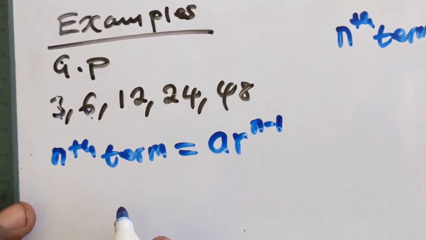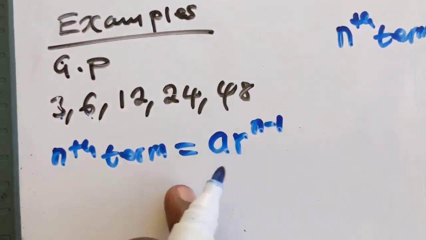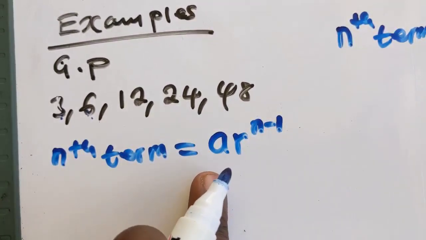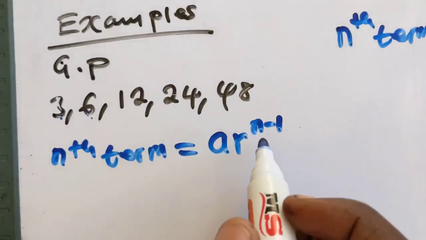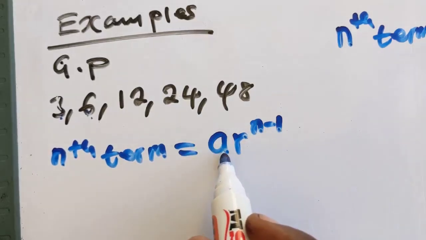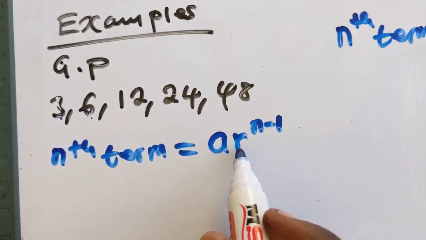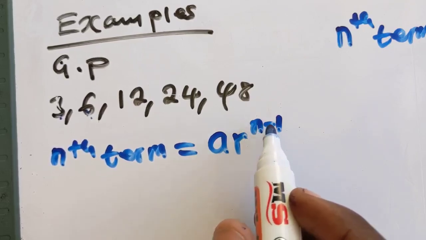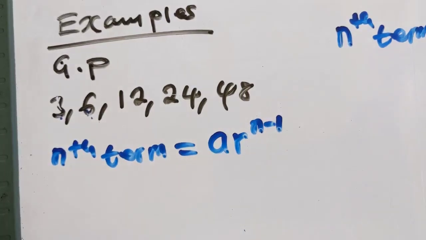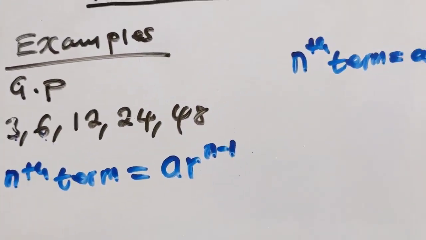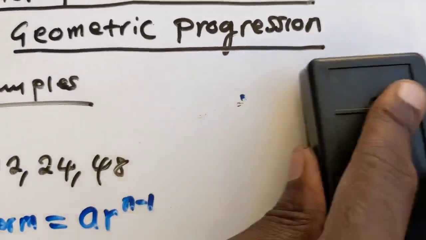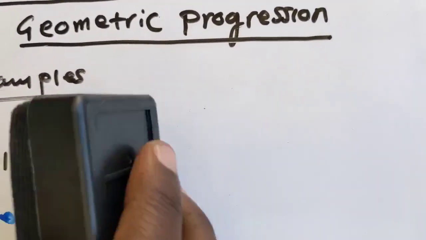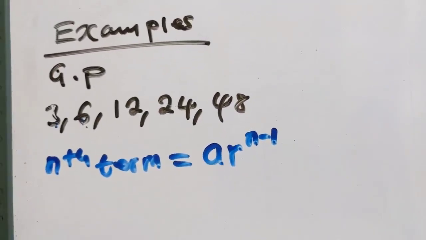You should know this formula: a r to the power n minus 1. a is the first term, r is the common ratio, and n is the number of terms. So the nth term formula for geometric progression is different from the arithmetic progression. This is what we are focusing on today.